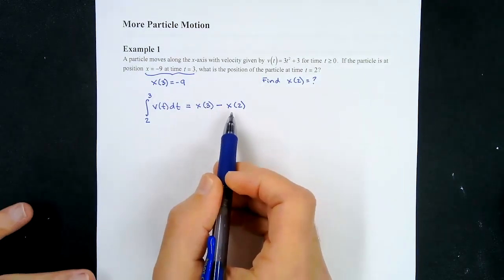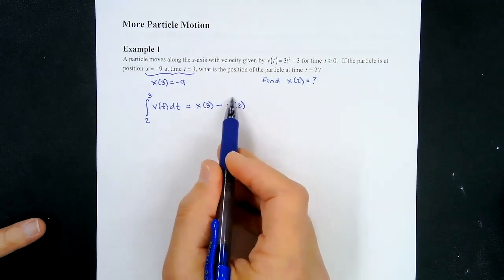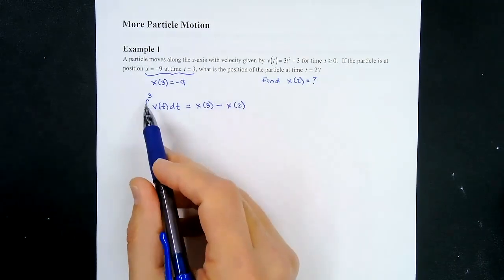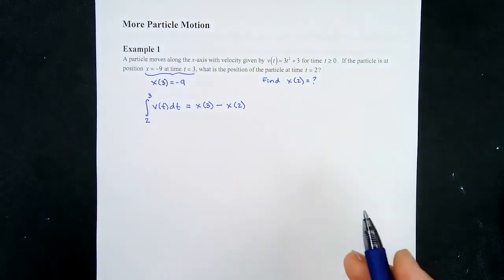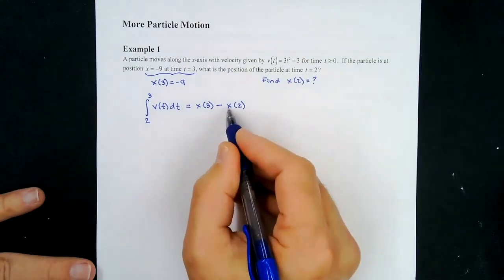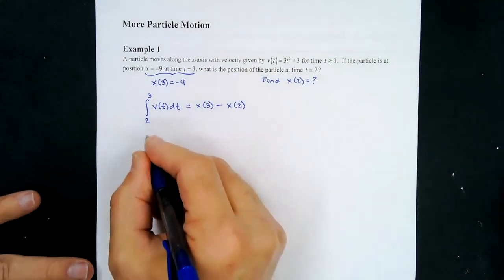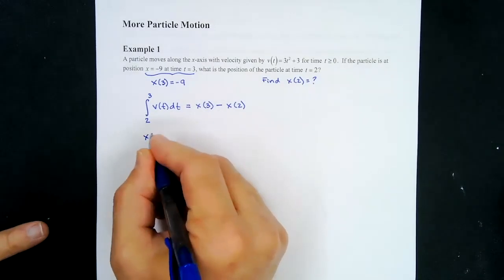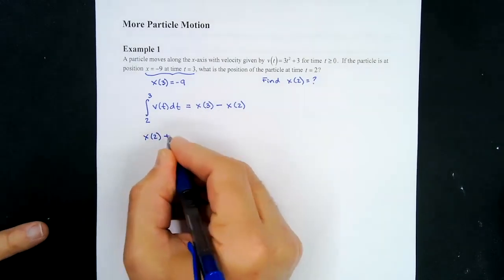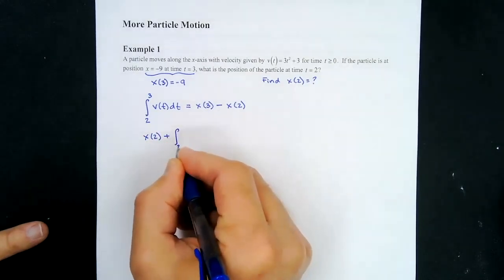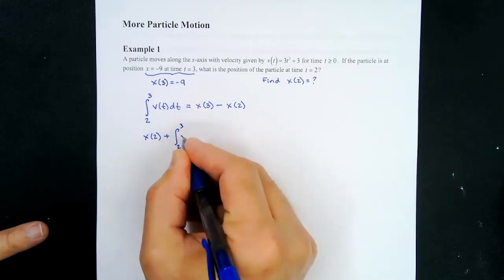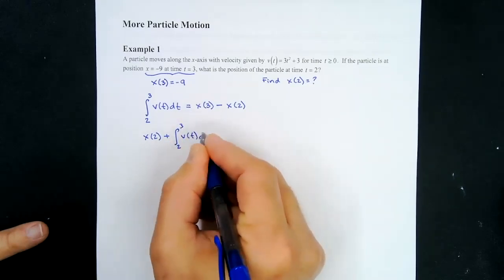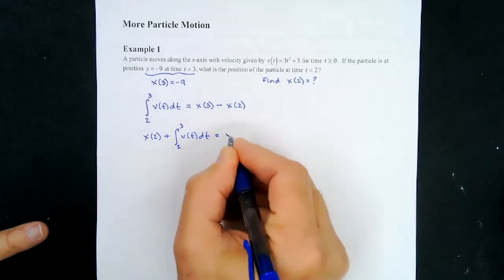Now we can move this over to the other side. We can write an equation actually to solve this already. We can add x of 2 to both sides, and that would give us x of 2 plus the integral from 2 to 3 of v of t dt, which gives us x of 3.